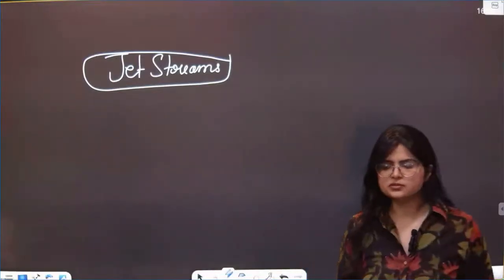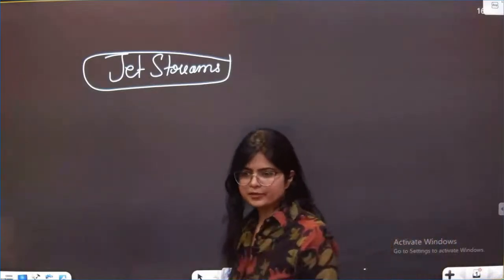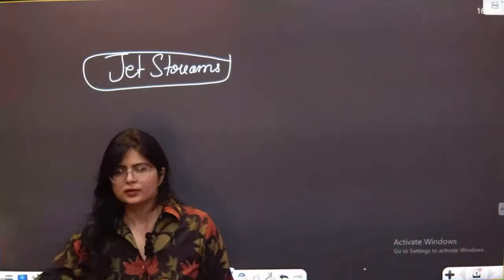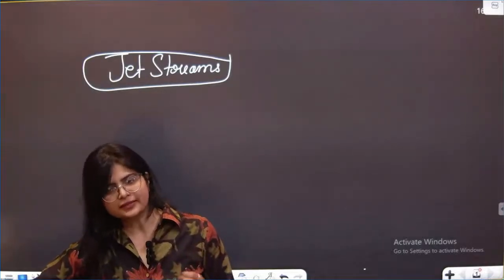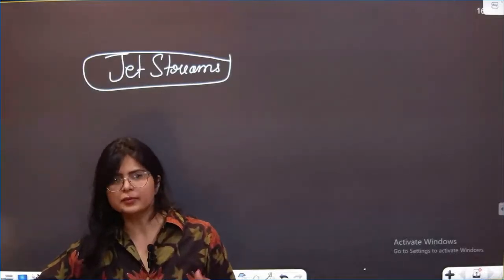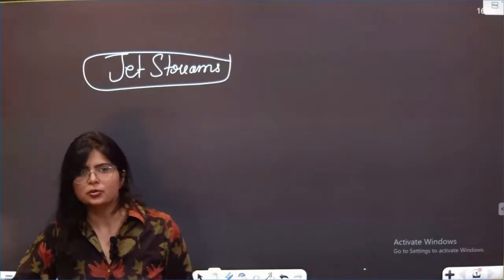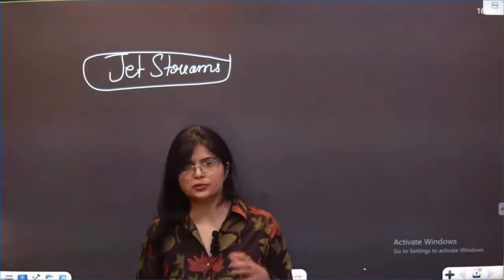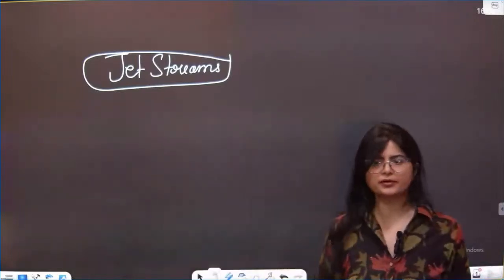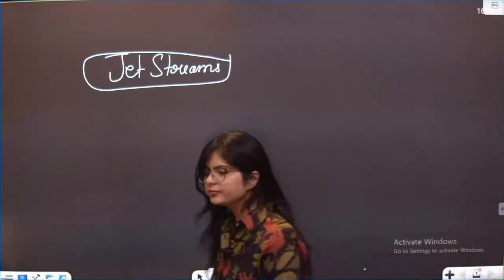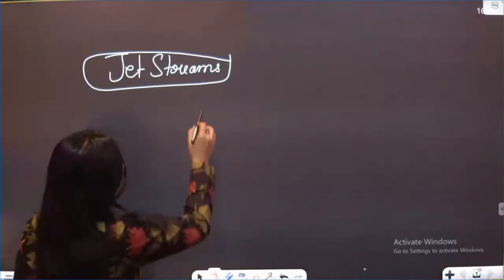What happens when you start reading the climatology particularly, we try to mug up some concepts. But what I feel is that in climatology, you don't require mugging up, rather you need more conceptual knowledge. Reason being, it only demands three things.